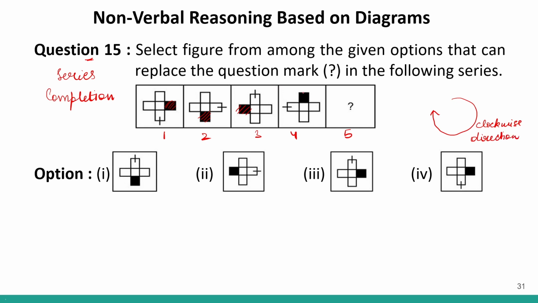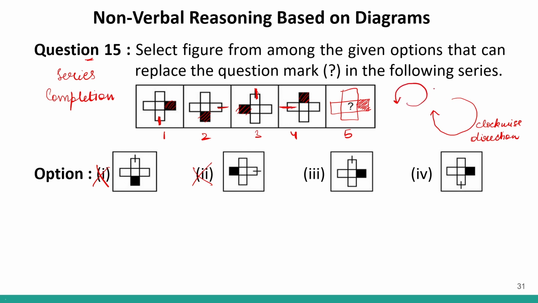So now if it is here, next time, if this is my diagram, the shaded part will come over here. This eliminates option number 2 and option number 1. This is the elimination approach. Now when I look at this mark, it was over here, then it went over here, then over here, then over here. That means this is going like this.